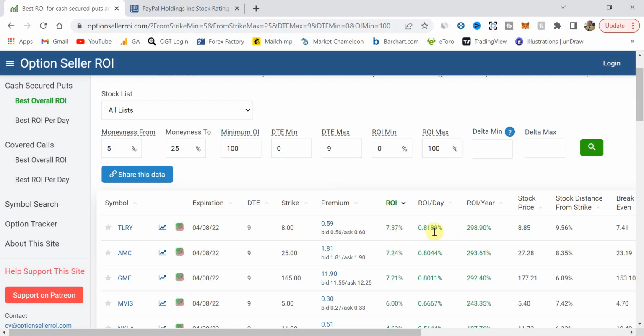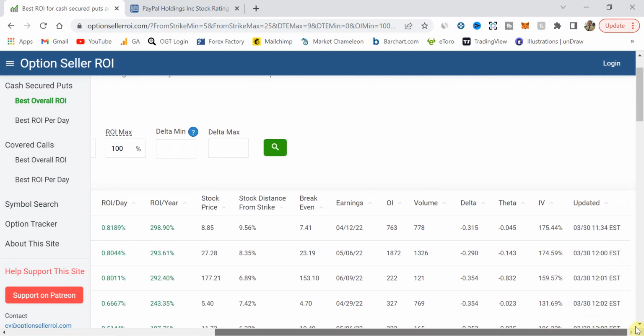So that's nearly 1% a day for Tilray here. It gives you the annualized figure, the current stock price, the distance from the strike price, and then your break even from there. And it's got the open interest, the IV, theta, all the usual stuff.